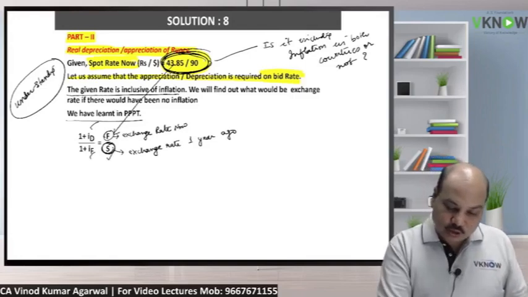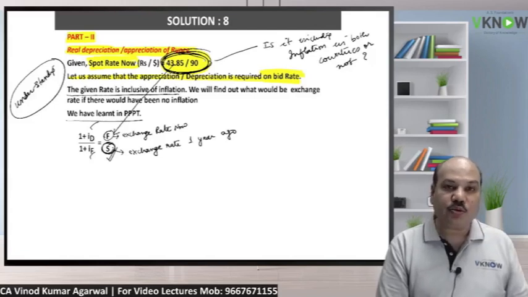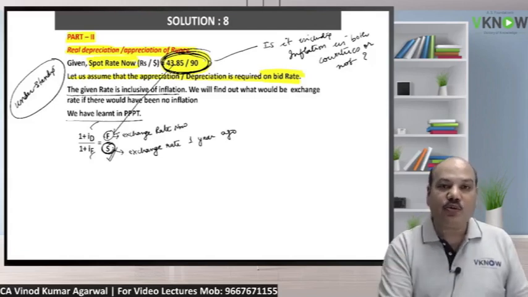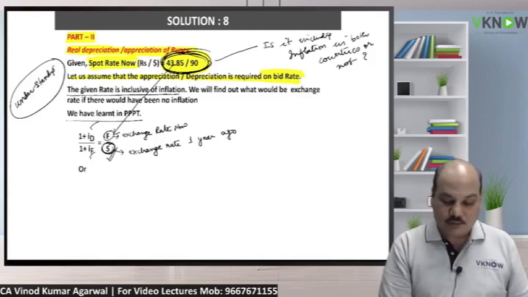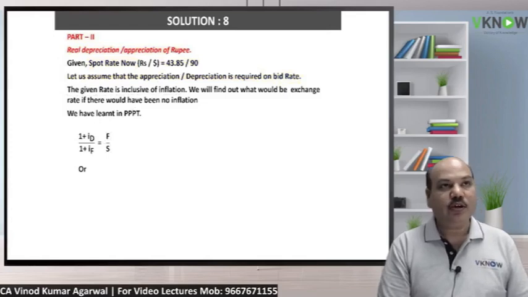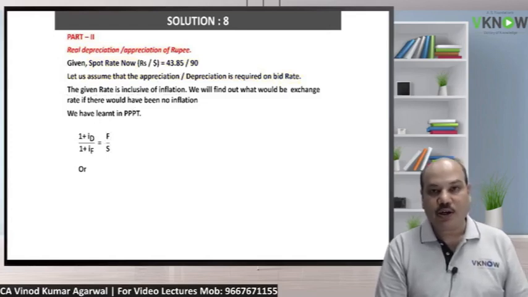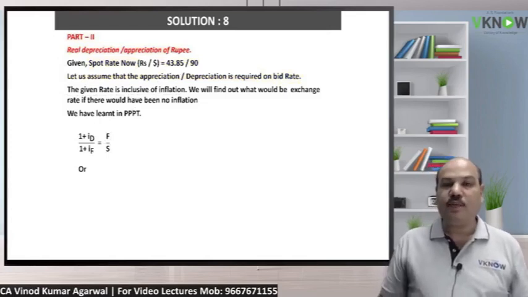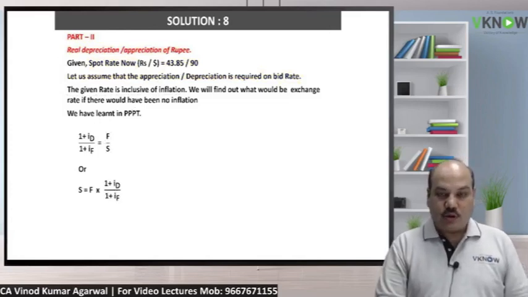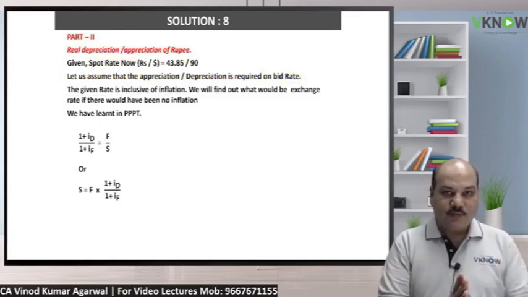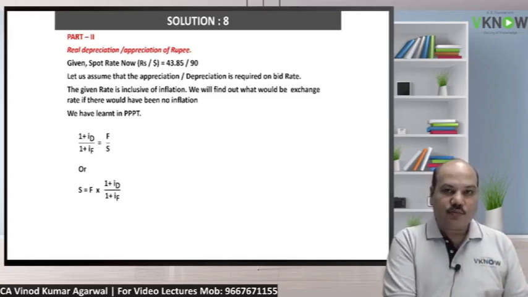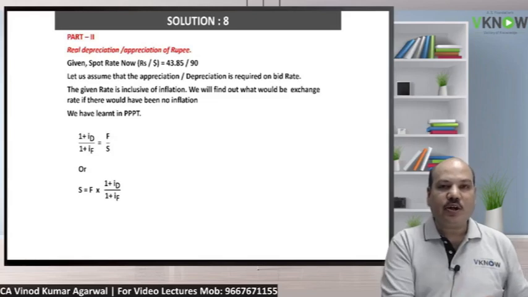I need to find this figure in this equation, which will give me the exchange rate without inflation. (1 + ID) / (1 + IF) = F / S. So I need to find the value of S, that is, if there was no inflation, how much should be the rate?